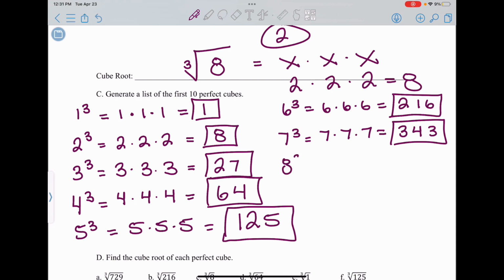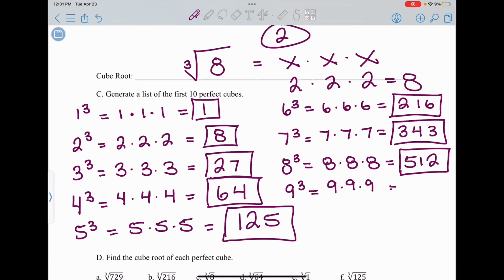Next we have 8 cubed, so 8 times 8 times 8, which is 512. Next we have 9 cubed, so 9 times 9 times 9, which is 729. And lastly 10 cubed, so 10 times 10 times 10, which is 1,000.